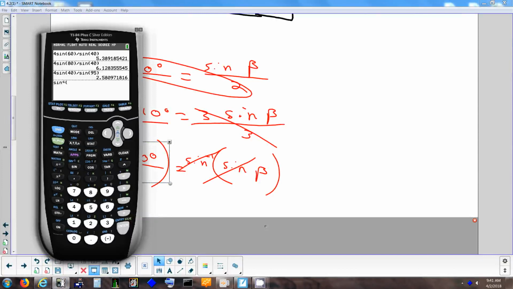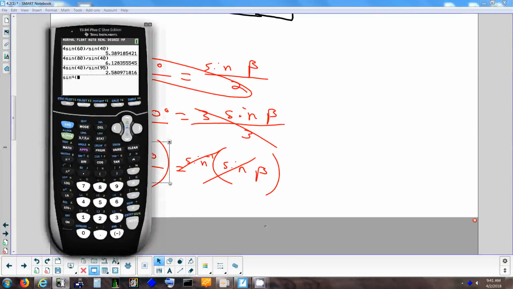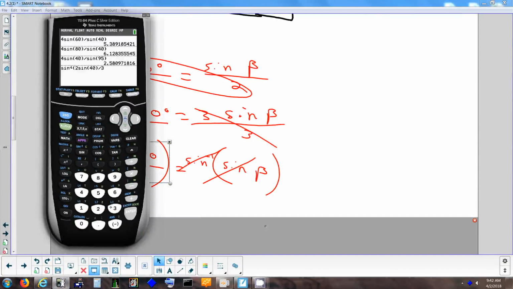When I'm done with inverse sine, I need to close it. So inverse sine of 2 sine 40. Notice it opened a parenthesis for sine. Once I type in 40, I'm done with sine, so I need to close the parenthesis for sine. Divided by 3. Close the parenthesis for inverse sine. So I have 2 opening left, 2 closing right. That's how you type it in.